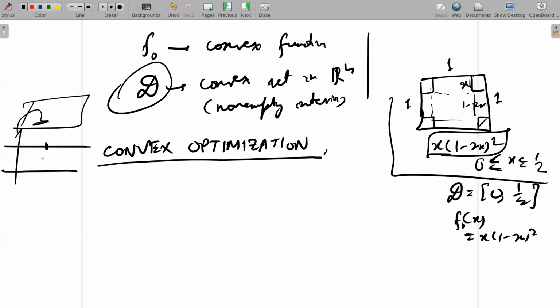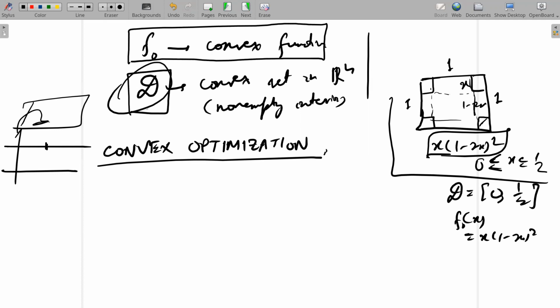So convex sets we have defined. We have studied convex geometry quite carefully. Now is the turn to study convex functions. Like I said, we split the problem into two parts. For D, we have a pretty good handle. Convex sets in R^n, what do they look like? We had all these representation theorems using boundary points and extreme points, and also a representation theorem using supporting hyperplanes.